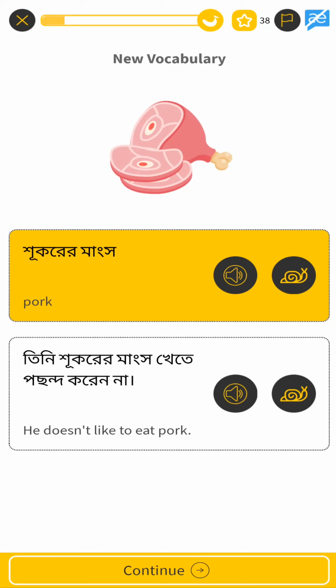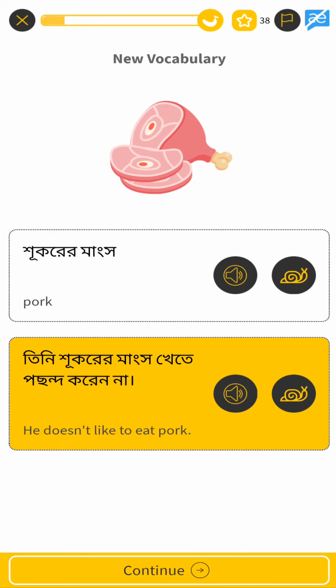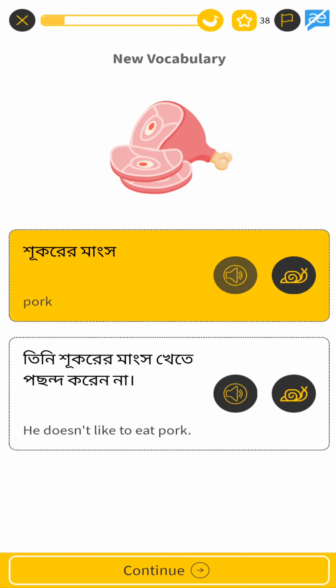Okay, so that is it shukorer or shukrer? So I'm actually not looking at the translation.